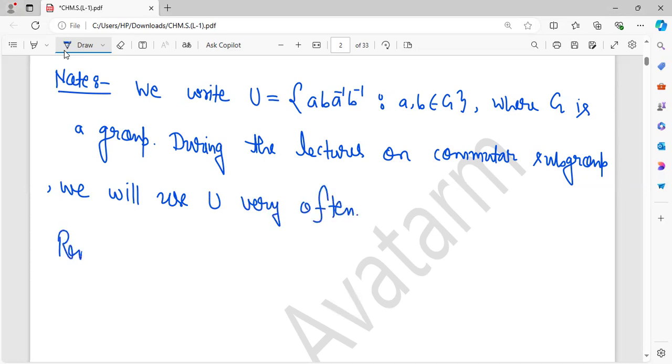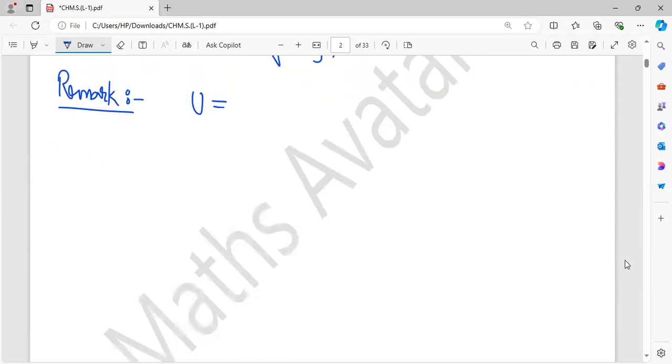So remark: U is equal to U inverse. Sorry. U is equal to actually a inverse b inverse a b. We can also write it, a, b belongs to G. So how will it be proved?